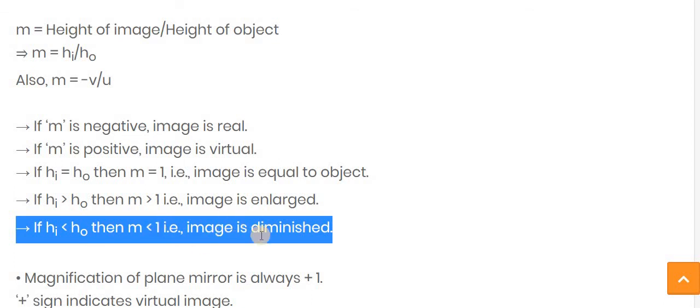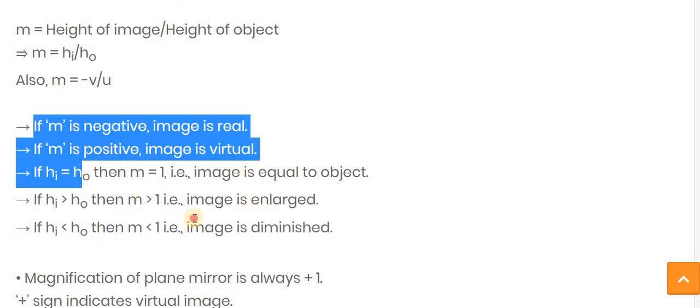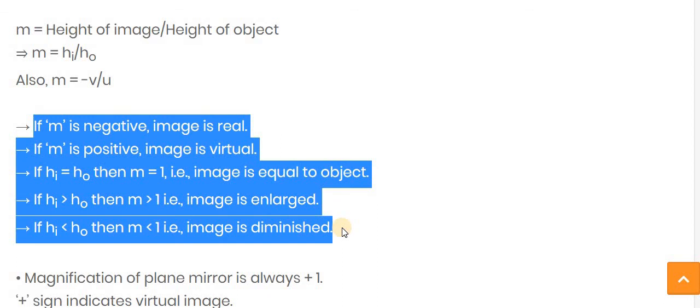So the image is diminished. Kindly prepare these 5 points very carefully, because from these 5 sentences so many questions will arise.